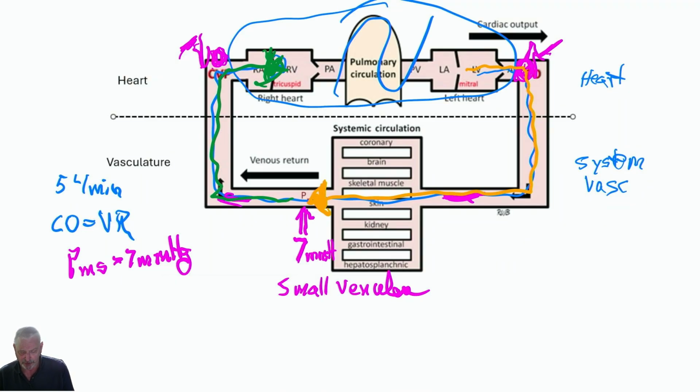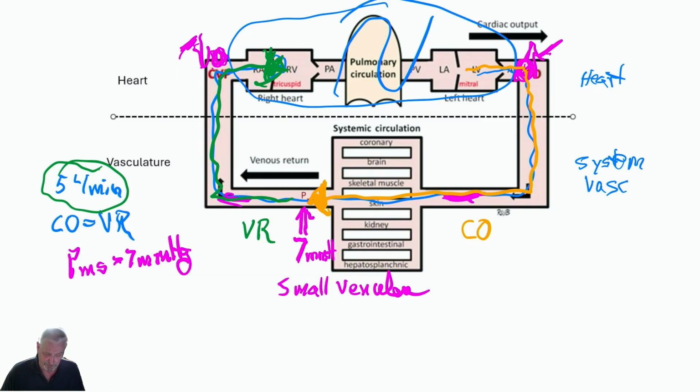And we notice that both of those are going to be, on average, in a normal resting person, 5 liters per minute. But we're going to call it cardiac output when we're on this side. And we're going to call it venous return when we're over here.